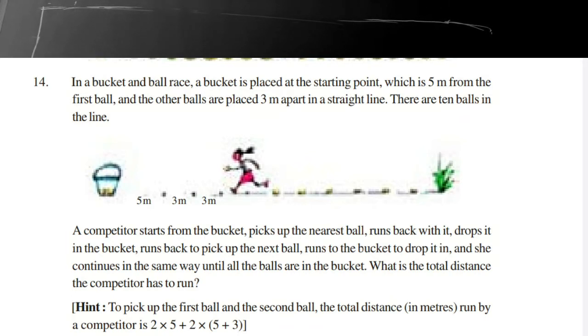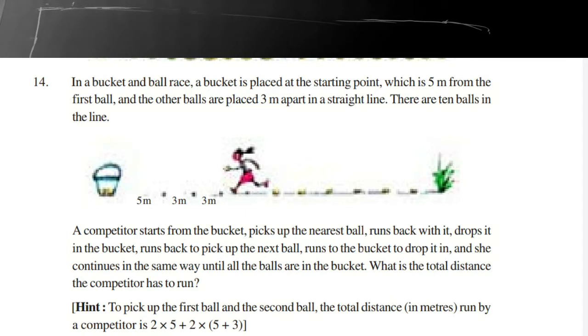In a basket and ball race, a basket is placed at the starting point which is 5 meter from the first ball and the other balls are placed 3 meter apart in a starting line. There are 10 balls in the line.